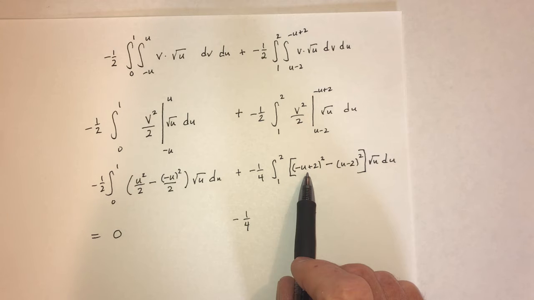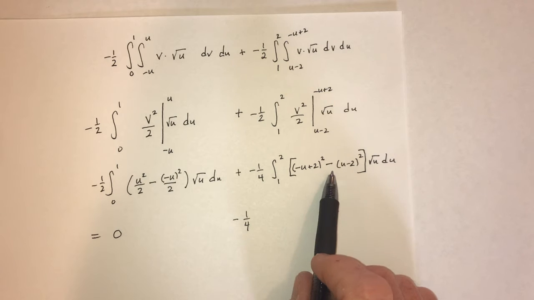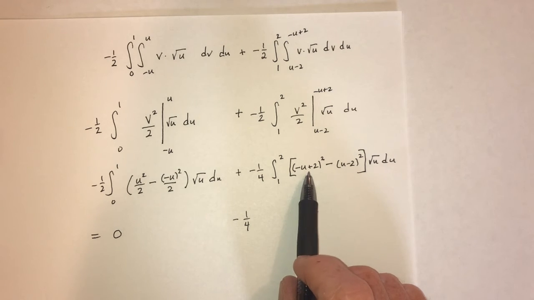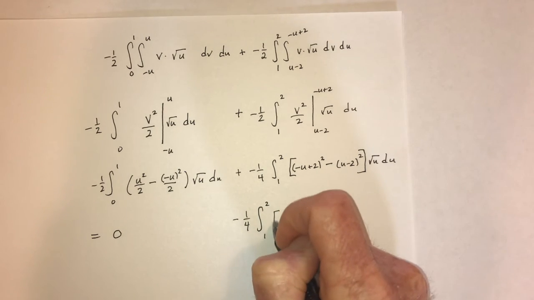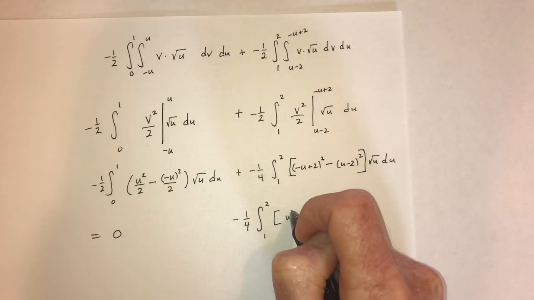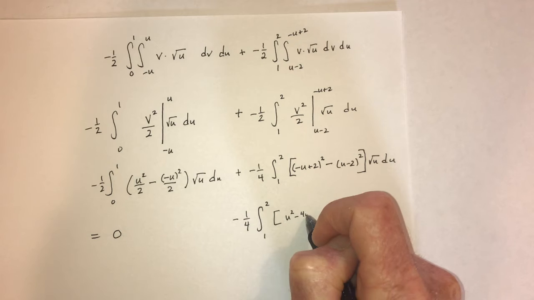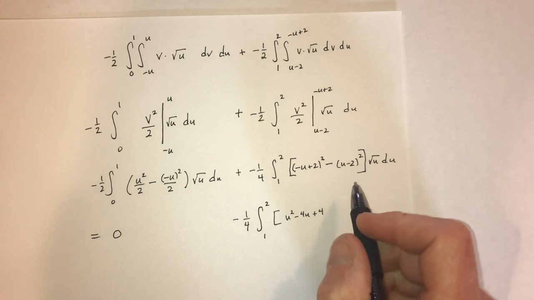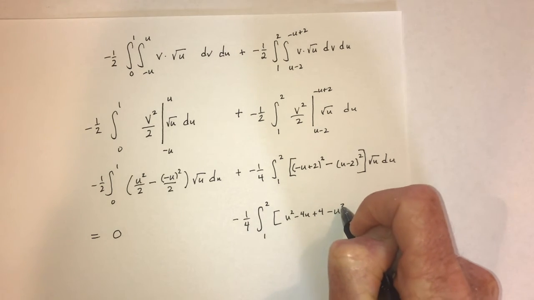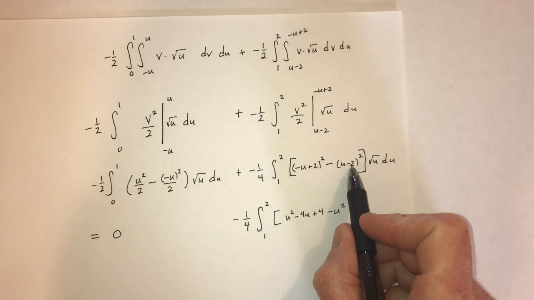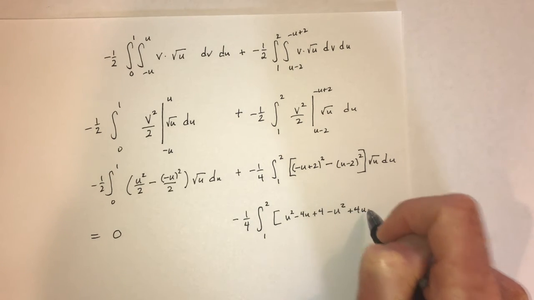So let's see. I'm just trying to decide if there's any nice, easy algebra that I could do, or do I just need to multiply this out? Yeah, you're right. We should just go ahead and multiply it out. So the first one would be u squared minus, multiply these two and then double it, so minus 4u, and then plus 4. And then this is going to be u squared, but with that, it's minus u squared. The middle term would be negative 4u, but with that, it makes it positive 4u.